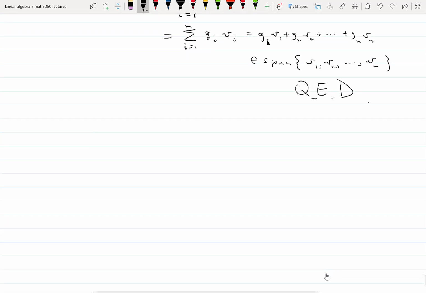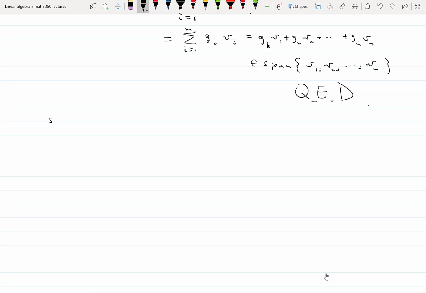Okay, we have some terminology. The span of a set of vectors V1, V2, all the way up to Vn, we just showed that it itself forms a vector space. It's a subspace of V. So this is a definition, this is not a theorem.